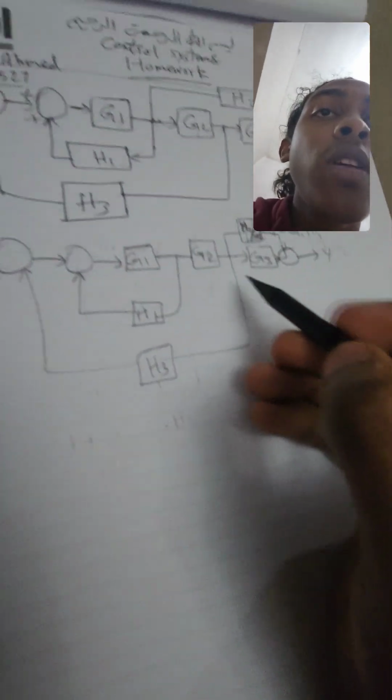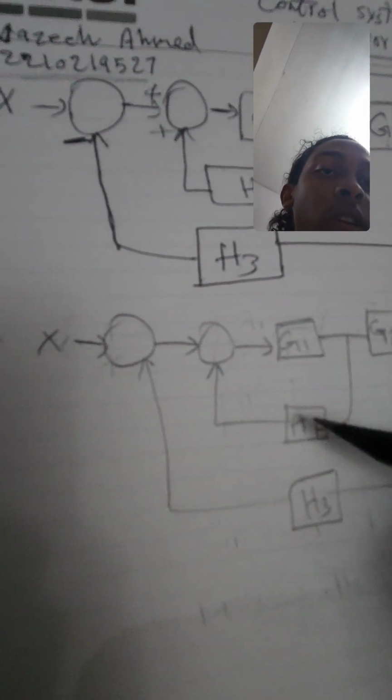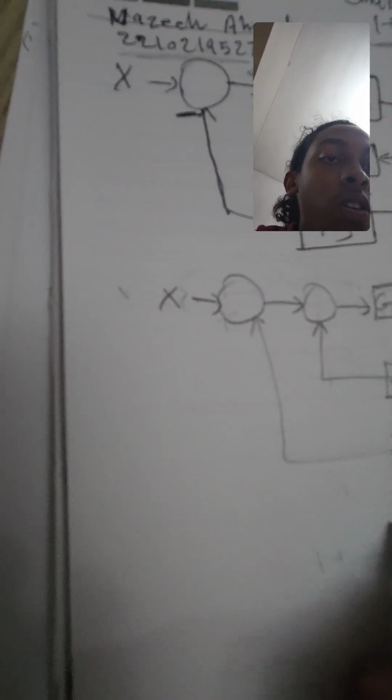So we have feedback with that. G1 H1 is going to be reduced to G1 over 1 minus G1 H1, and after that it's going to be one block here. It's going to be multiplied with this G2.